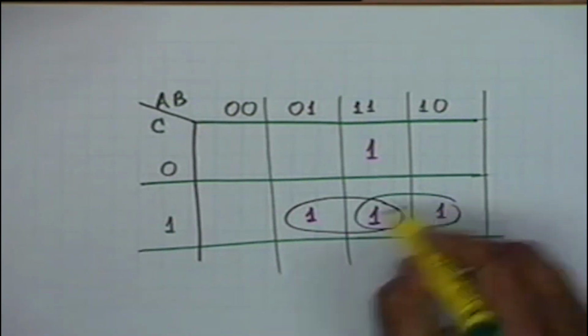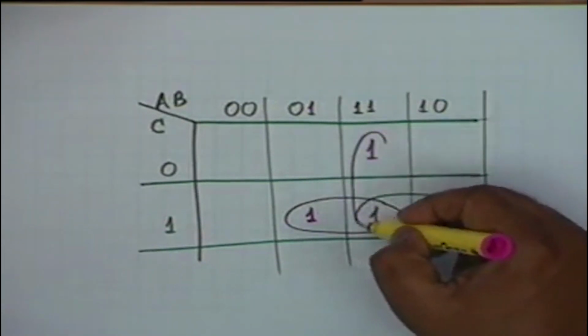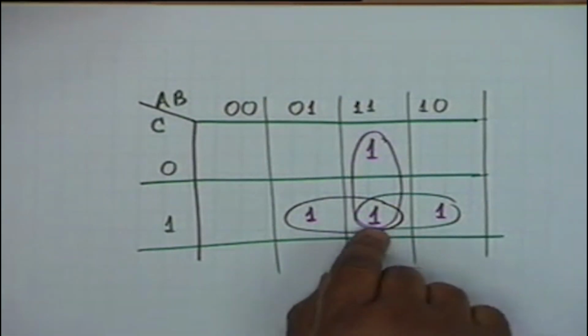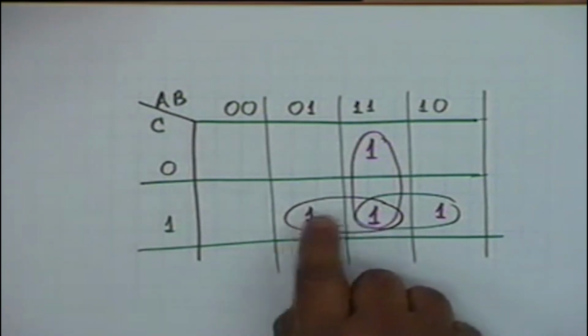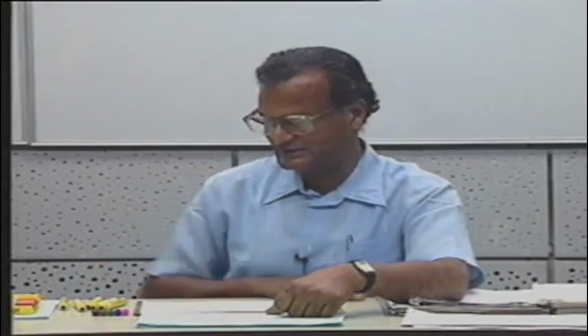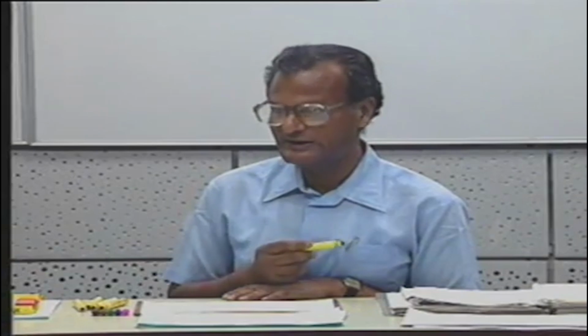Therefore, I can have this combination, and finally I can have this combination. This one is shared by this one, and this one. It's something like covalent bonding in semiconductor physics. Okay, it is permitted. But what it illustrates is whatever we did with the help of simplification, it can be done just by looking at it.